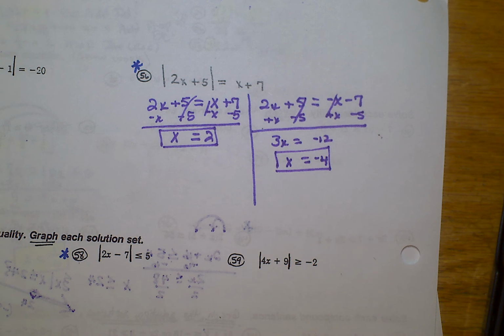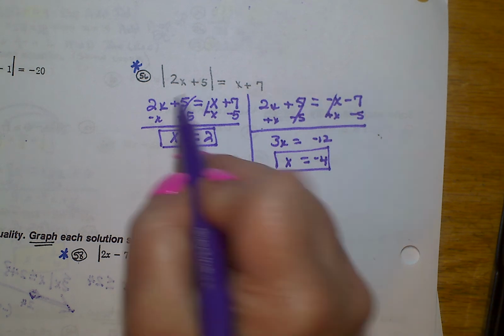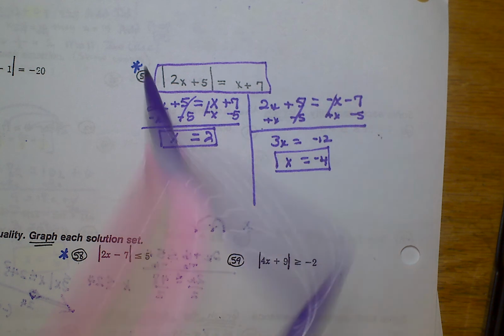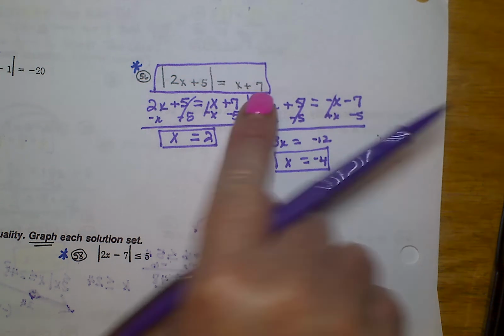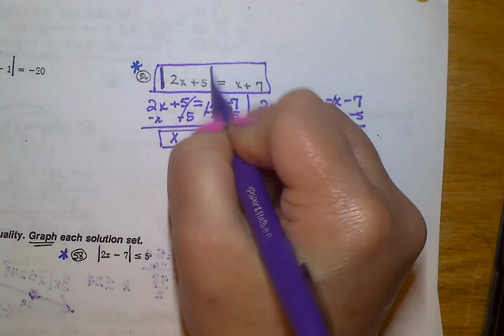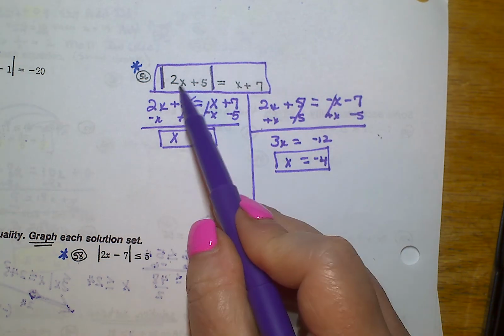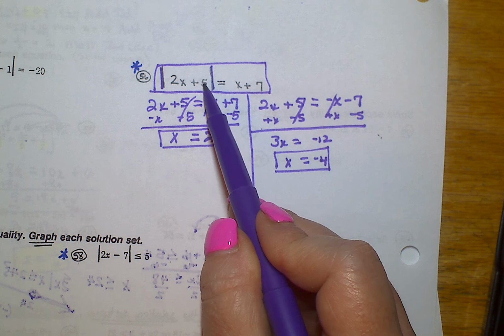Now remember, you have to check these to make sure that they work. And when you check these, you go back to the one where the bars were isolated, the original problem up at the top where you had those bars to check it. Okay, so 2 times 2 is 4. 4 plus 5 is 9.